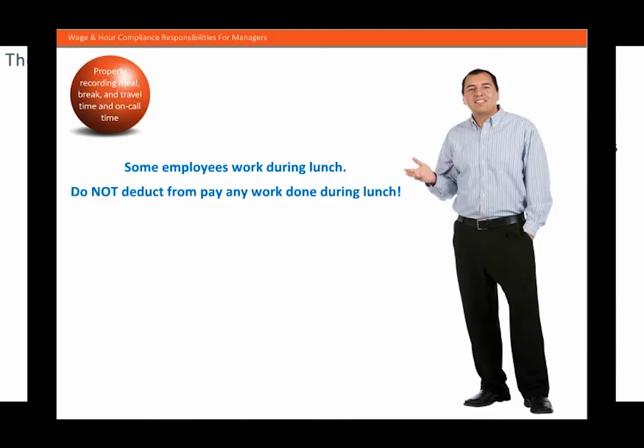The employee may decide to use the time to catch up on work or complete a task while eating at their desk or station. If an employee does work during meal times, they must be paid for the time under the law. It is your responsibility as a manager or supervisor to make sure that any work during meal break is recorded and paid per the FLSA law.